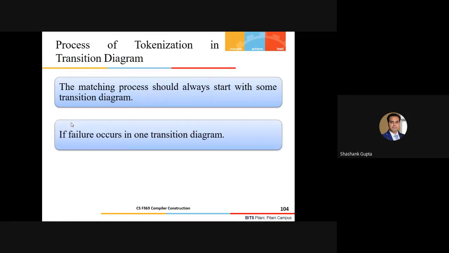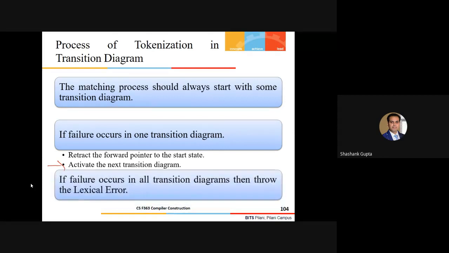If failure occurs in one transition diagram, retract the forward pointer to the start state and activate the next transition diagram, as I was saying earlier. If failure occurs in all transition diagrams, only then throw the lexical error. Don't throw an immediate lexical error as we did earlier, because it is quite possible that the match will happen through some other transition diagram.